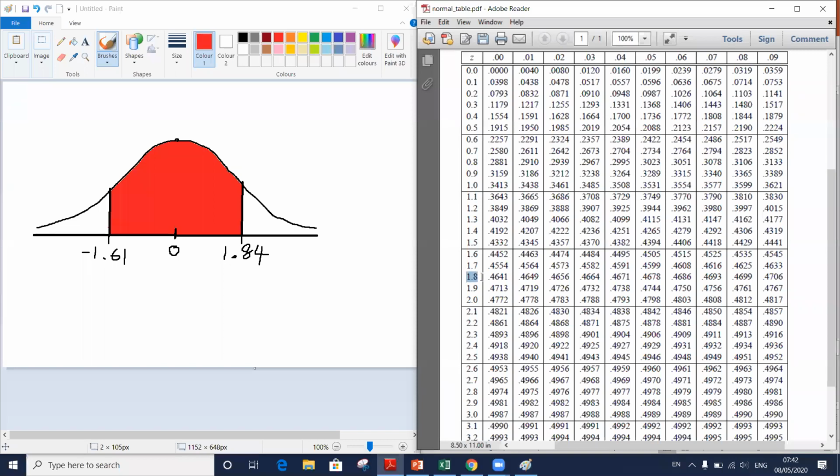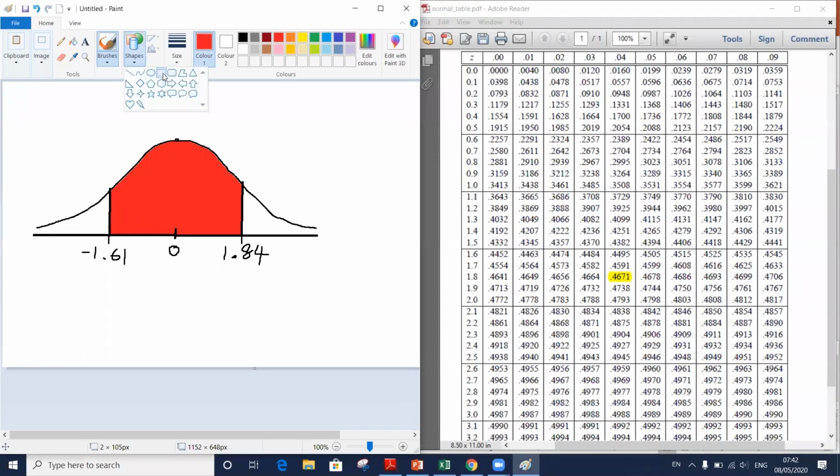Here, 1.84, the relevant value is 0.4671. Which area does this 0.4671 belong to? It belongs to this part, from 0 to 1.84. The probability for this portion is 0.4671.